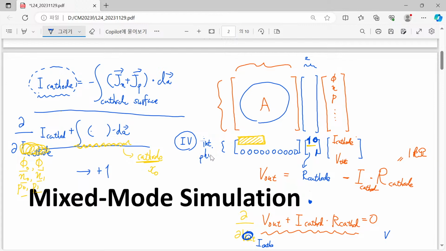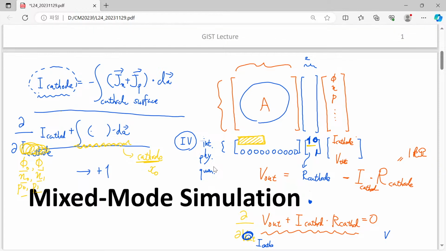Internal physical quantities sounds great, but please note that there is one thing missing. What is missing? This part here, this block, just to describe what happens if we slightly change our internal physical quantities. Then what will happen to our IV characteristics? That is shown here.